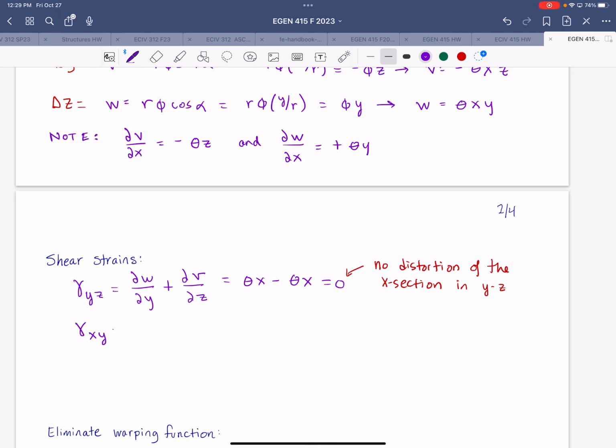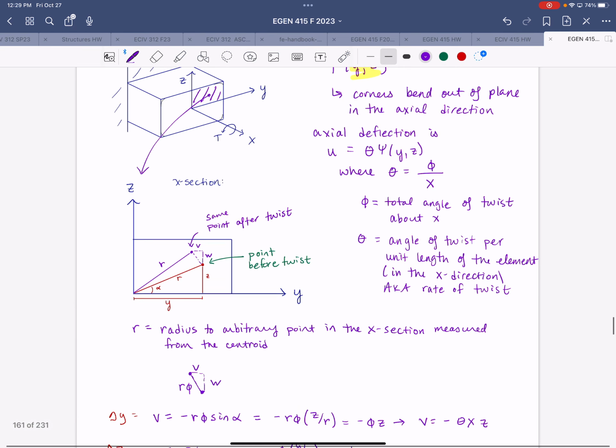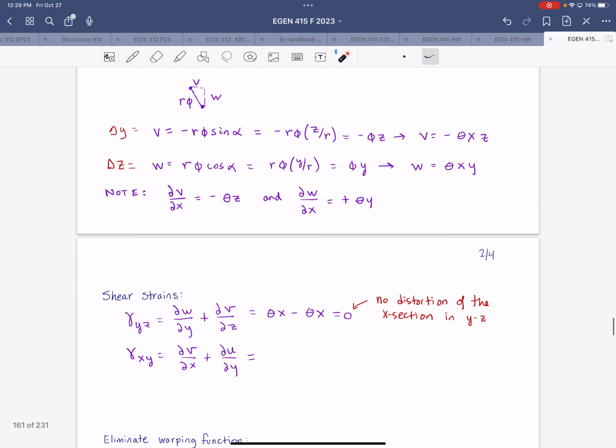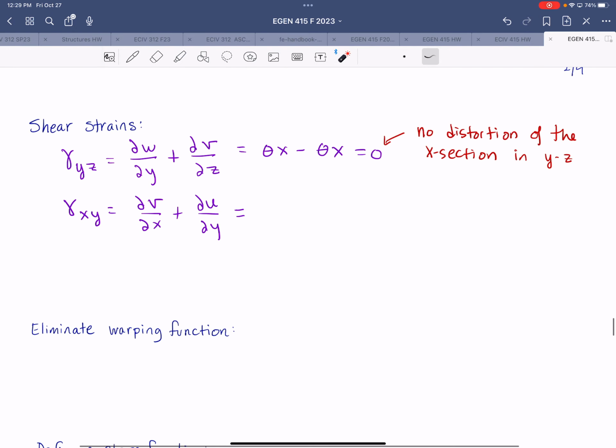For the xy, we have the partial derivative of v with respect to x plus the partial derivative of u with respect to y, right? And we defined u up above, where u is that axial deflection, and we use the warping function to define it. We haven't yet defined that warping function fully, and ultimately we won't really have to, I think.